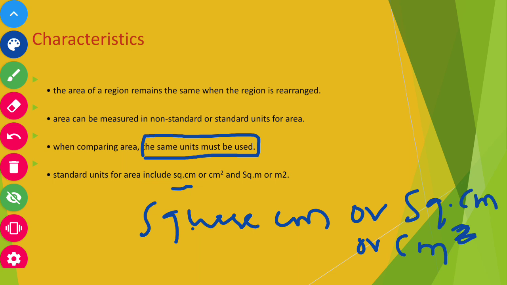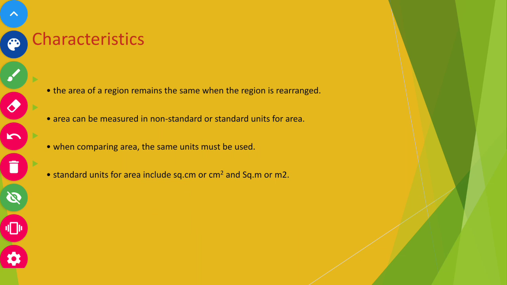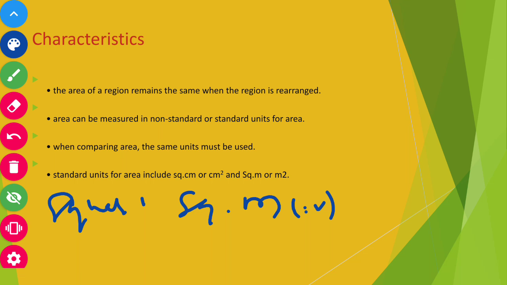Okay, 2 has to be the superscript. So centimeter square, or maybe it may be in meters. How will you write in meters? Square meters, or square meter, or meter square.